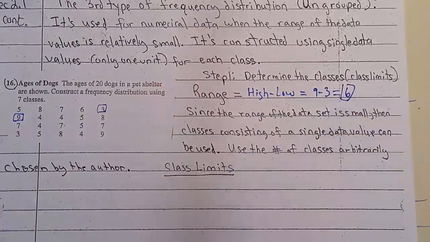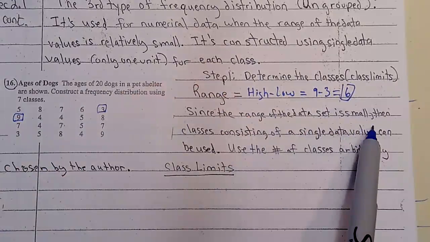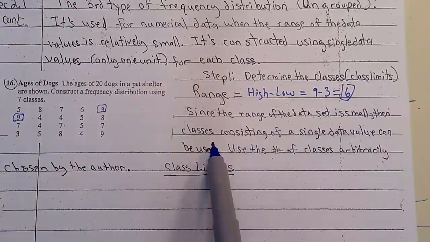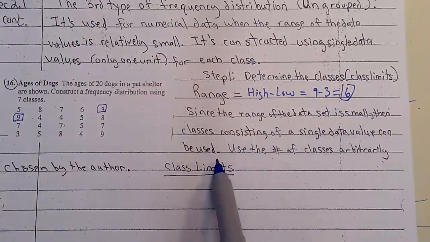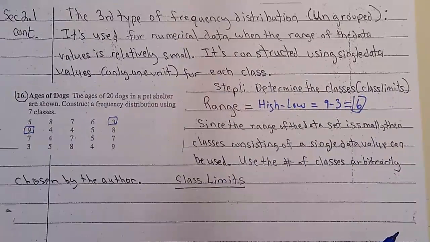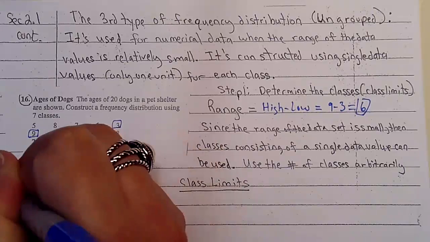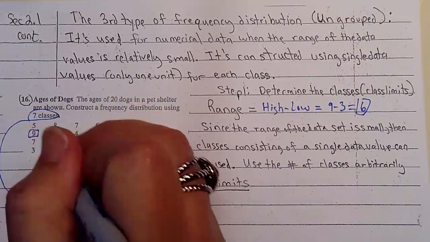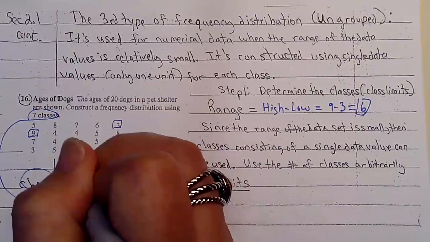Since the range of the data set is small, classes consisting of a single data value can be used. The number of classes is arbitrarily chosen by the author, and they want 7.